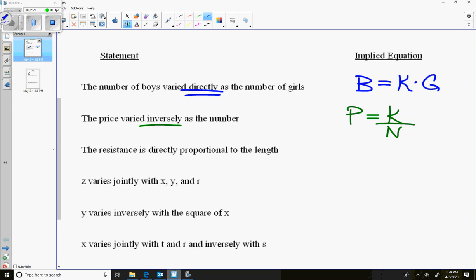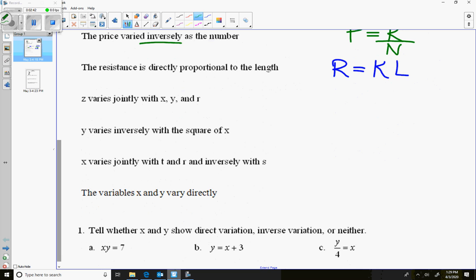Next one, resistance is directly proportional to the length. Z varies jointly, multiple things here.